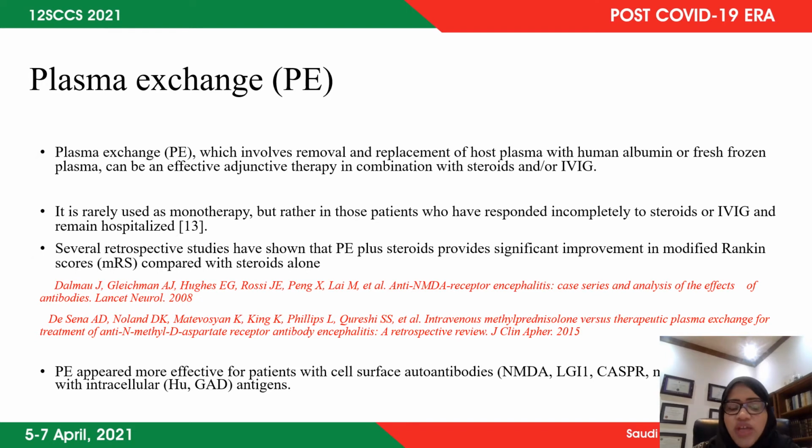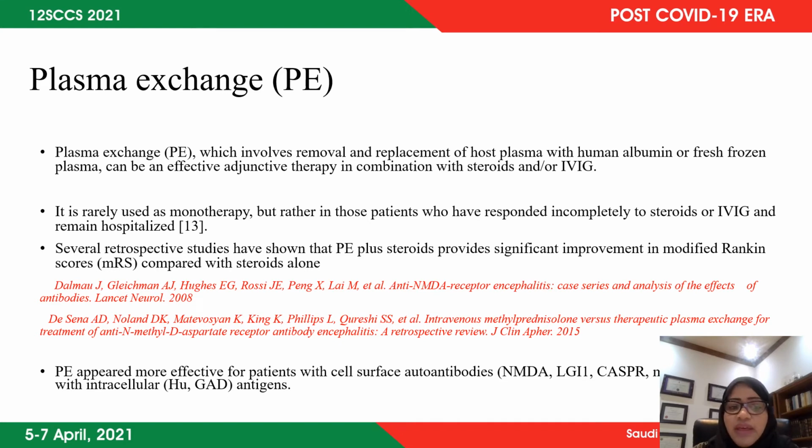So plasma exchange, which is the primary subject in our talk, basically just involves removal and replacement of host plasma, and then you replace it with human albumin or fresh frozen plasma.